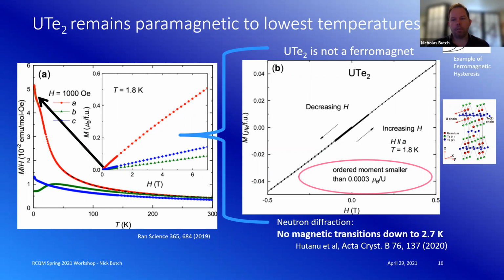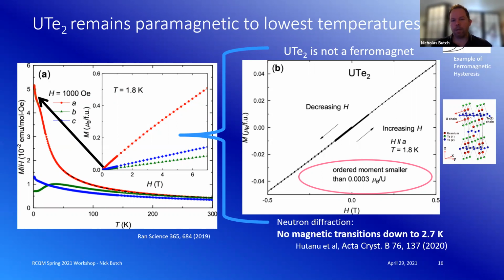And then blue is c, which is perpendicular to what we keep referring to as the planes, perpendicular to the two-dimensional Fermi surfaces that we're using as a rough guide here. The green curve shows a pretty interesting temperature dependence. It has a maximum and then curves over. This I also say is kind of stereotypical of heavy fermion behavior. The red curve, below about 10 K, has a change in slope.